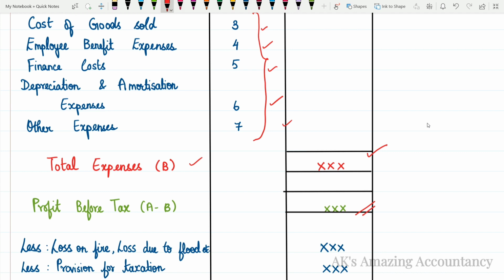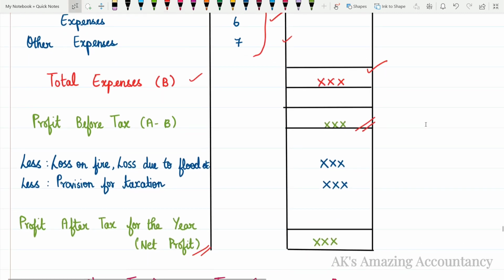From this, if there are any extraordinary items of expenses like loss on fire or loss due to flood, etc., that you have to enter here. After deducting that, if there is any provision for taxation as per the problem, you have to calculate that also and that will be entered as provision for taxation. After deducting this provision for taxation, you'll be getting a final amount and that amount will be called as what?